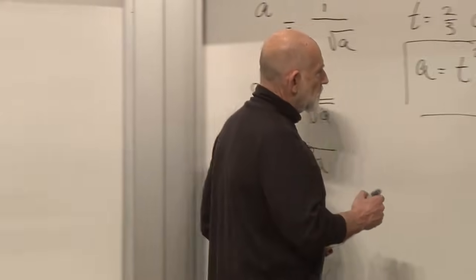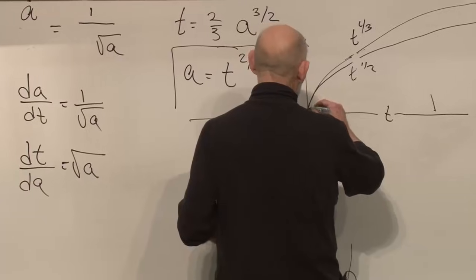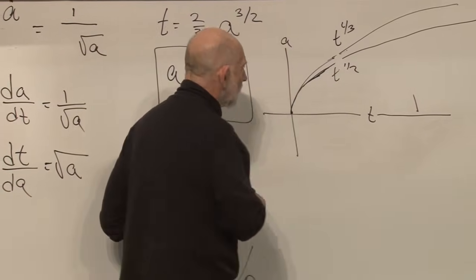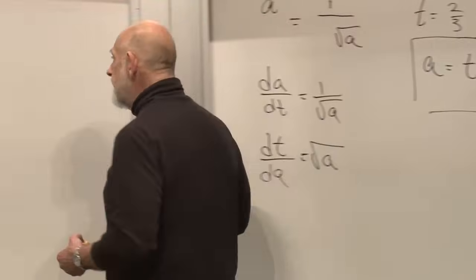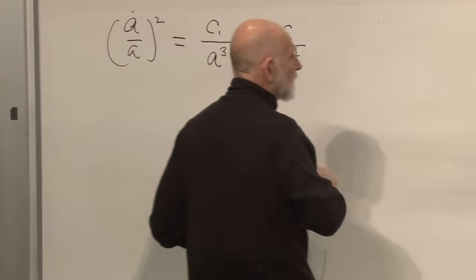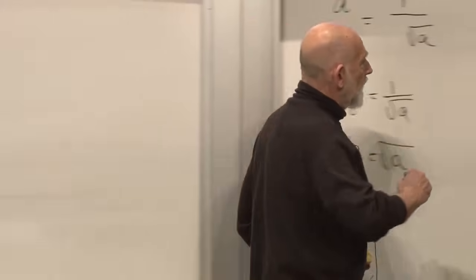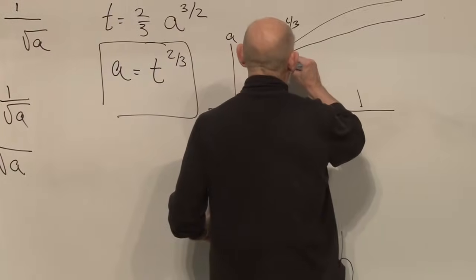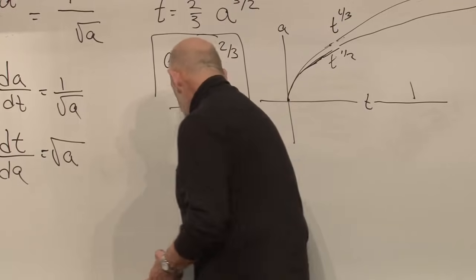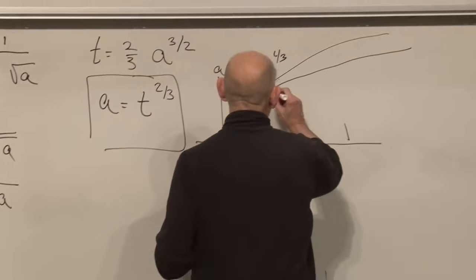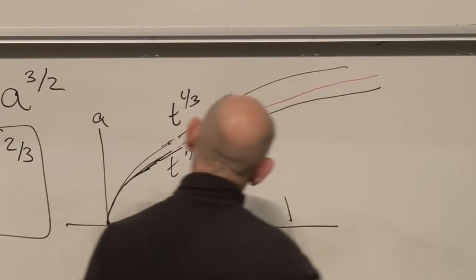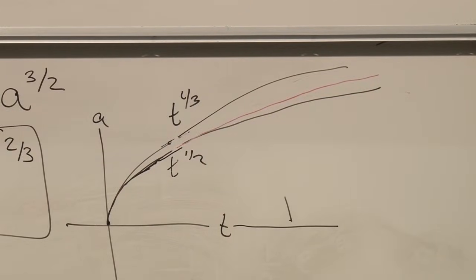And so the universe started expanding like t to the 1/2. But then, eventually, this term took over, became the more important term, and it made a switch. And started to grow like t to the 2/3.